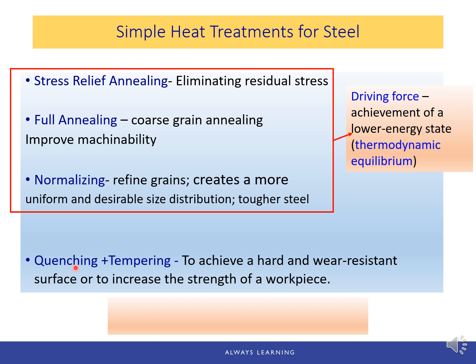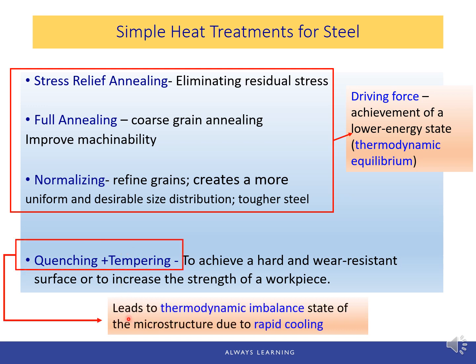Whereas for quenching and tempering, the process leads to a thermodynamic imbalance state of the microstructure due to rapid cooling. So there is a distinctive difference between the principle of annealing, normalizing, and quenching, tempering.